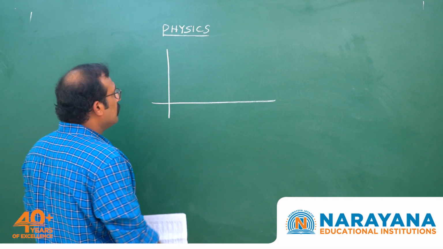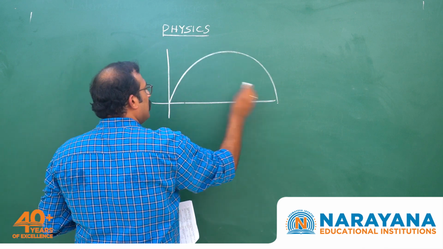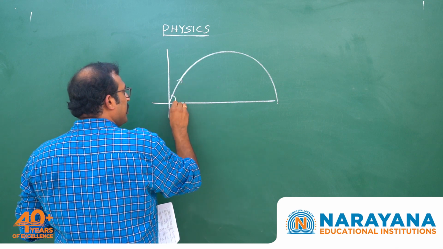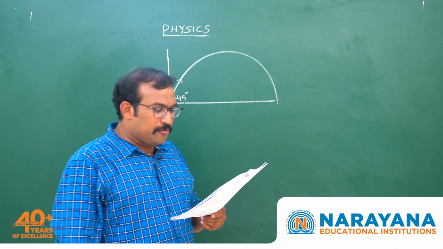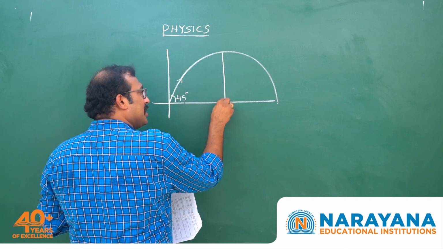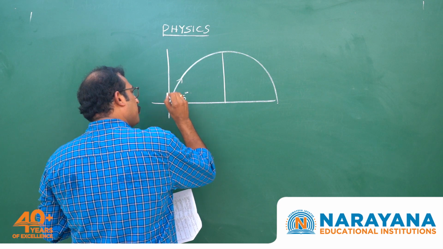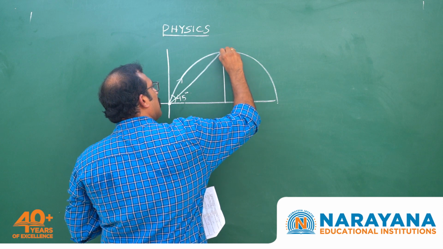Given that a particle is projected at an angle of 45 degrees to the horizontal. The angle of elevation is obtained when the point of projection and the highest point are joined by a straight line.